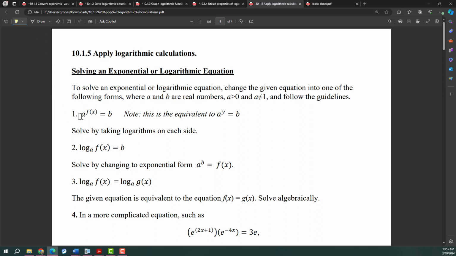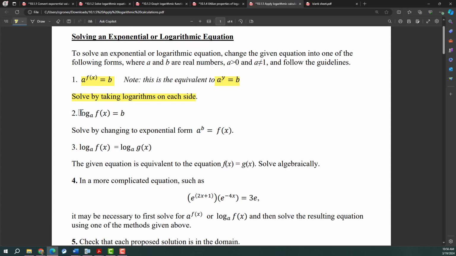We have a to the power of f of x equals b, and this is equivalent to a to the power of y equals b, and it says solve by taking logs on each side. Number 2 says log base a of f of x equals b. This says solve by changing to exponential form.